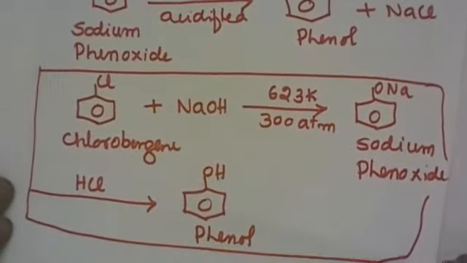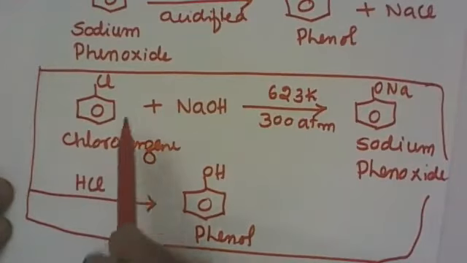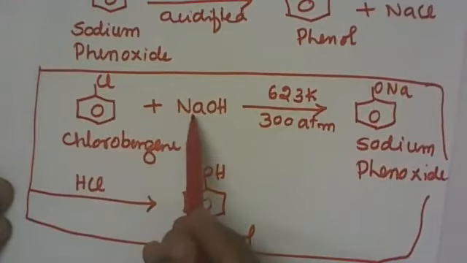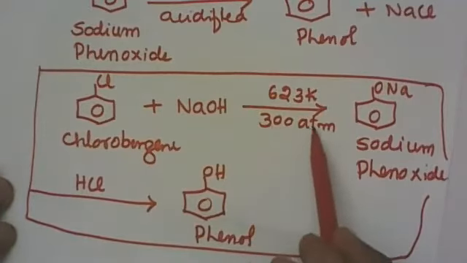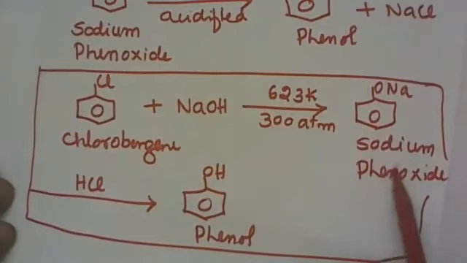So how will you write the statement? Chlorobenzene reacts with sodium hydroxide at 623 Kelvin, 300 atmosphere to give sodium phenoxide, which on acidification gives phenol.